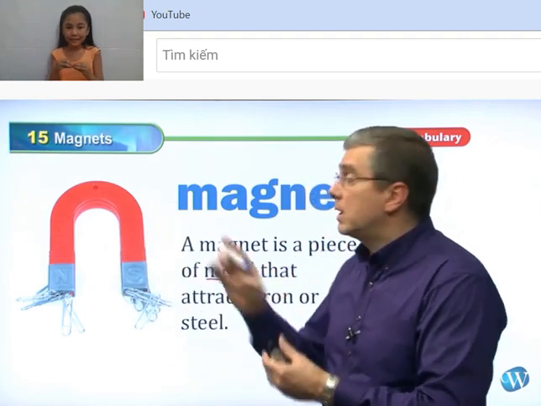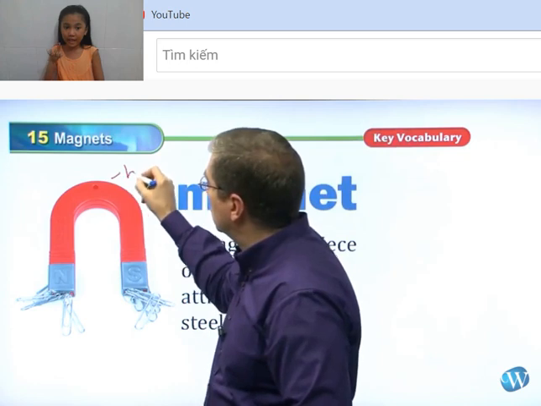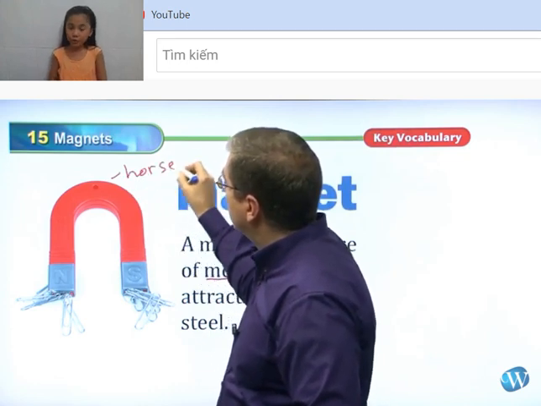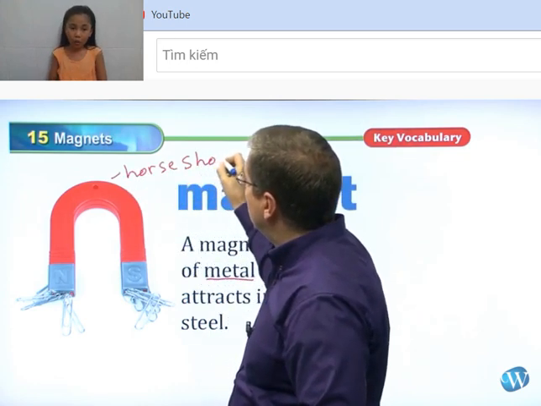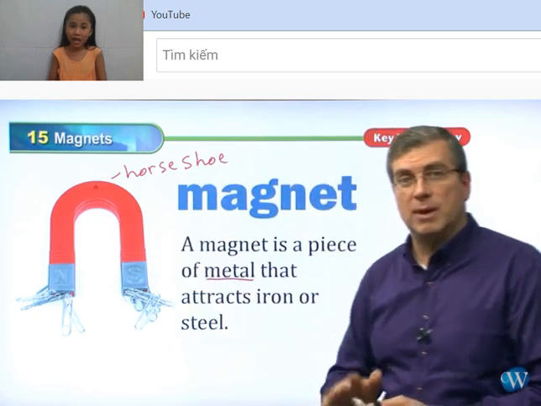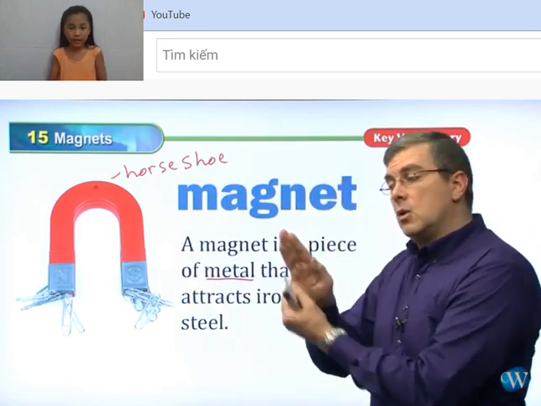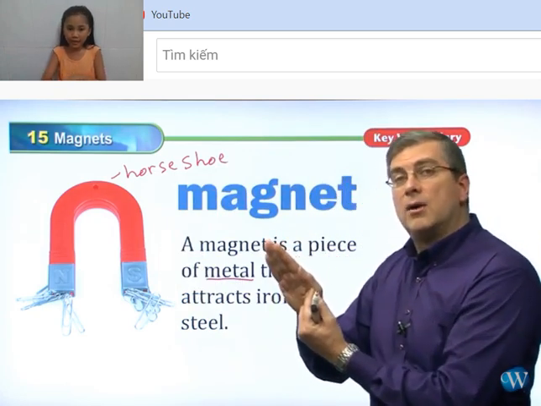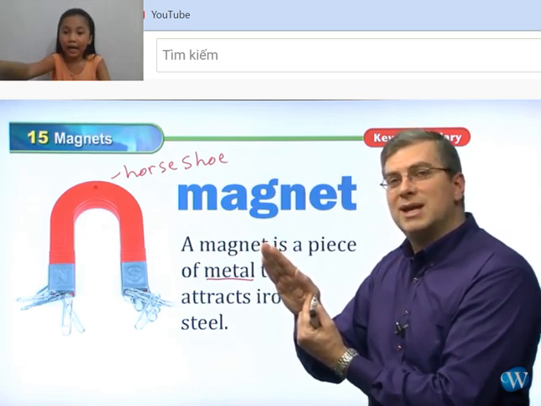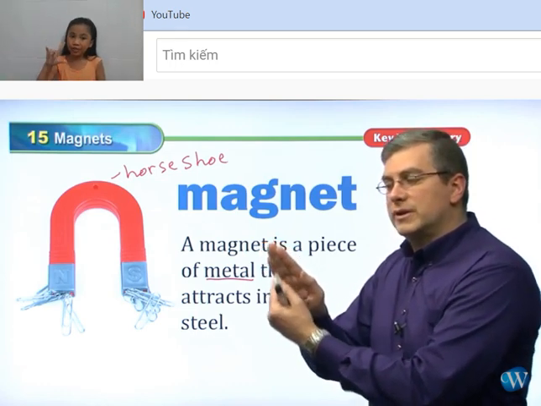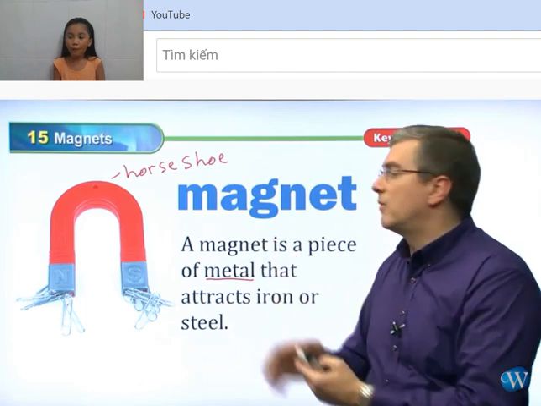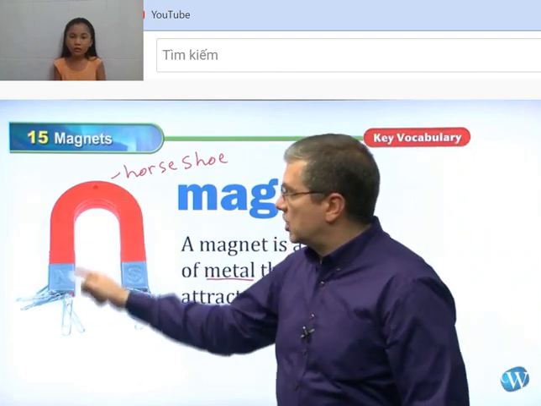A magnet can be this shape. It's called a horseshoe shape because it looks like a horseshoe. But usually there are two kinds of shapes: horseshoe shape or maybe bar shape.